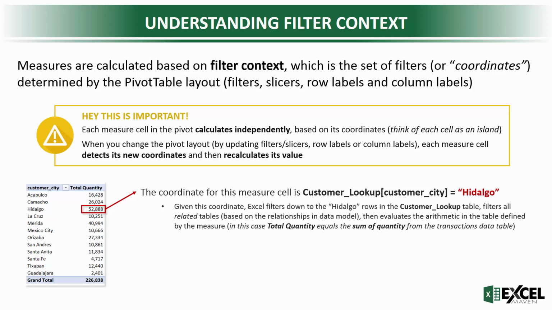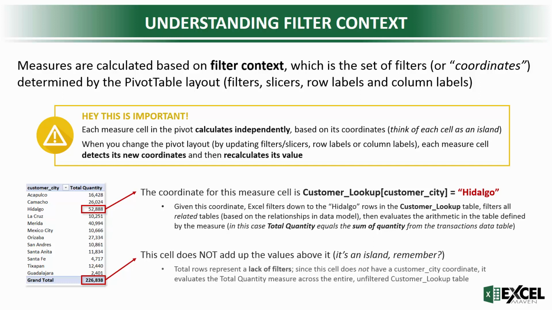Let's look at one other example. If we isolate the grand total cell here, again, this cell does not add up the values above it because just like any other cell in the pivot, it's an island. So it doesn't say, let's take the sum of A3, 4, 5, 6, 7. Instead, this represents a lack of filters.